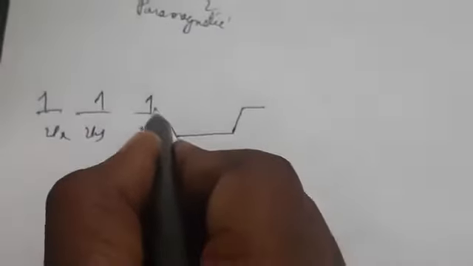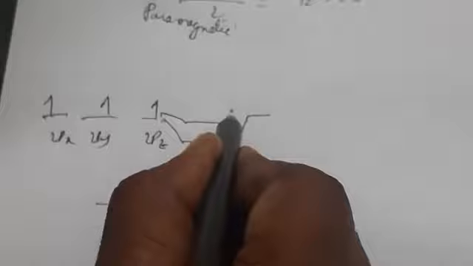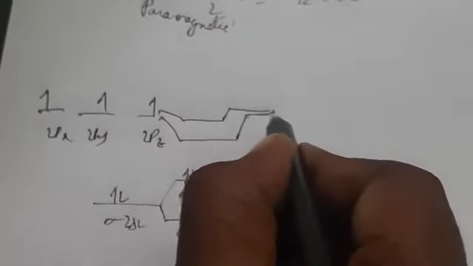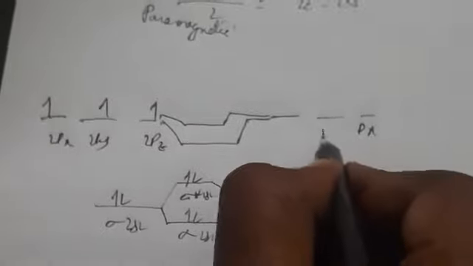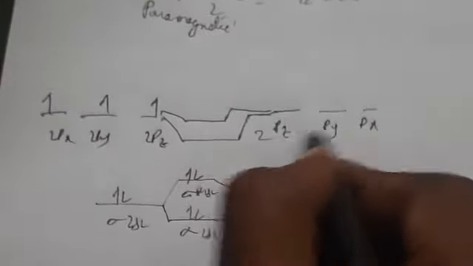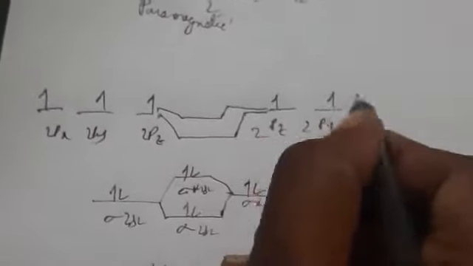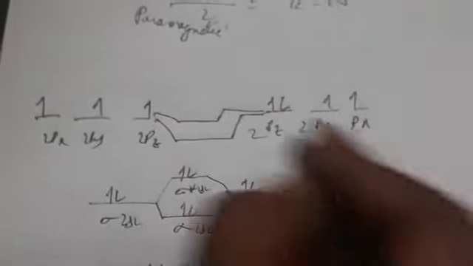So first, what do we have to write? Here also px, py, pz. Here total, oxygen means 8 electrons we have to get.